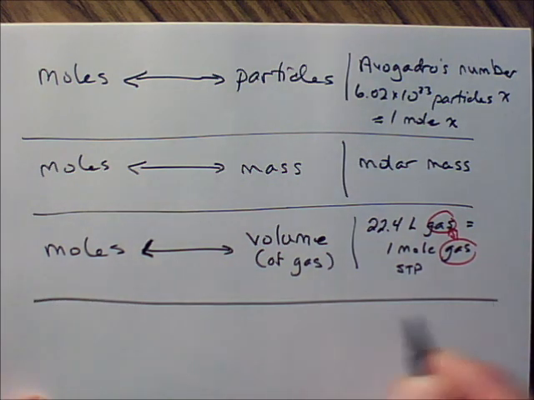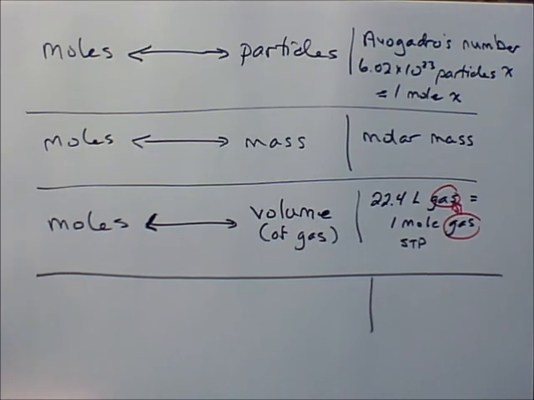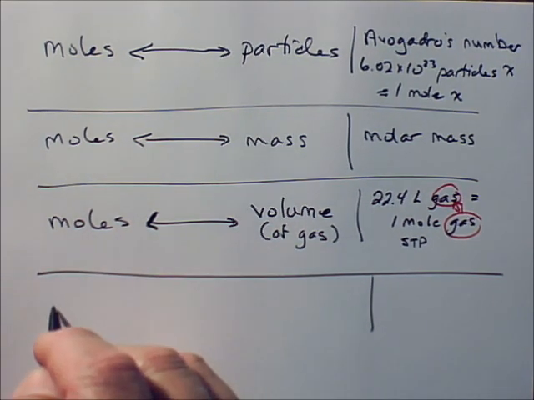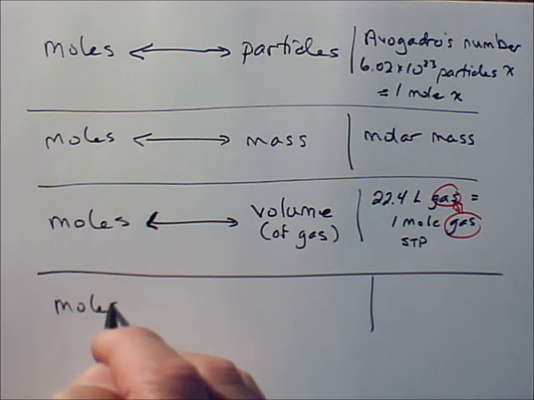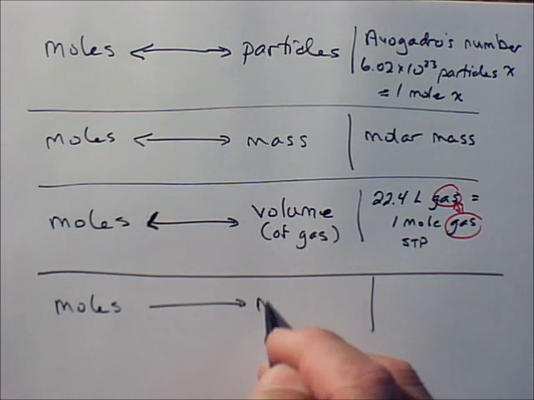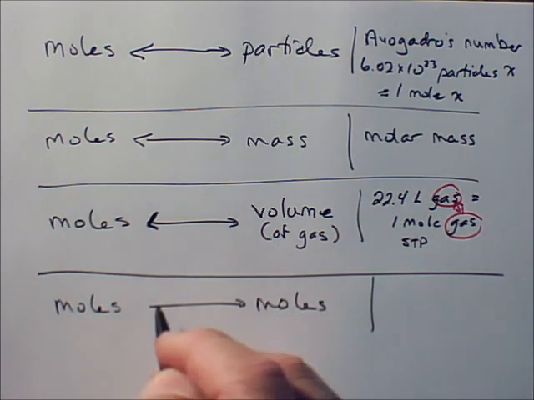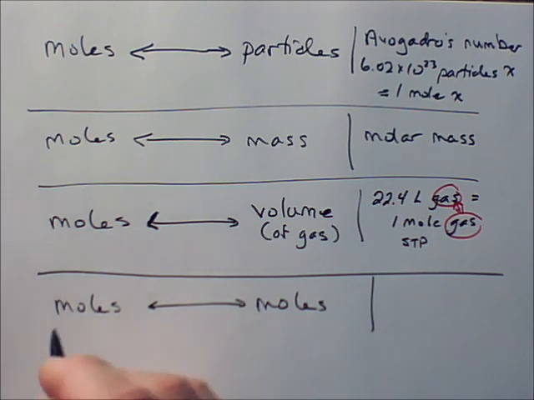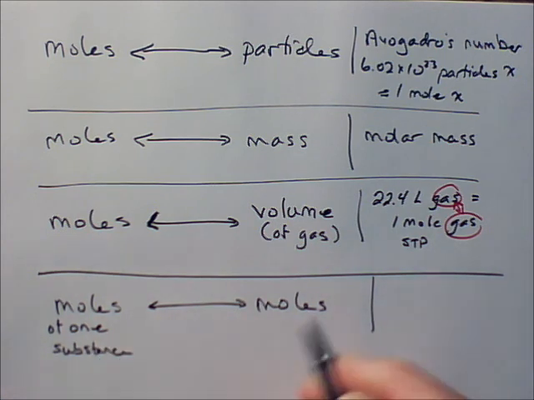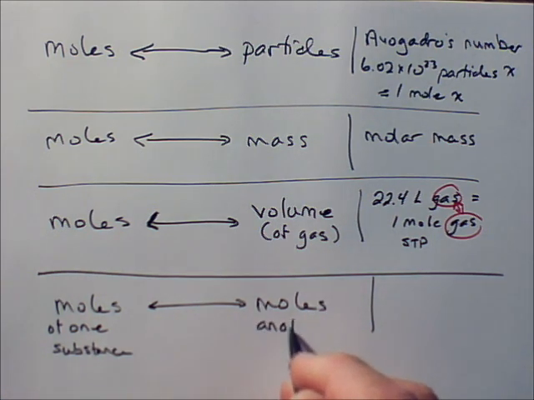Okay, we're going to do one more kind of conversion now in this unit, and this is converting from moles to moles. From moles to moles. So this conversion is moles of one substance to moles of another substance.